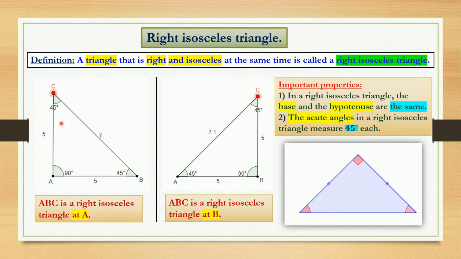Also, in this right isosceles triangle ABC with vertex A, the two acute angles are equal. They are also the angles at the base. So in any right isosceles triangle, the two acute angles are always equal to 45 degrees each.